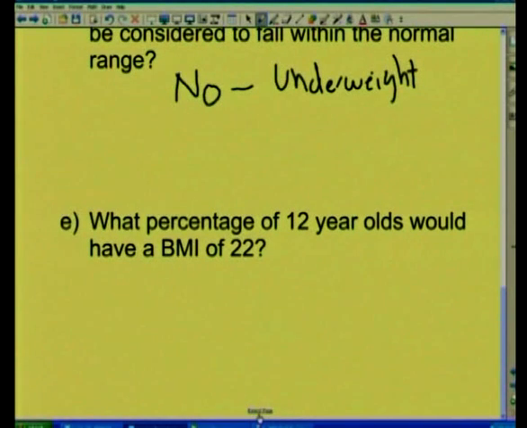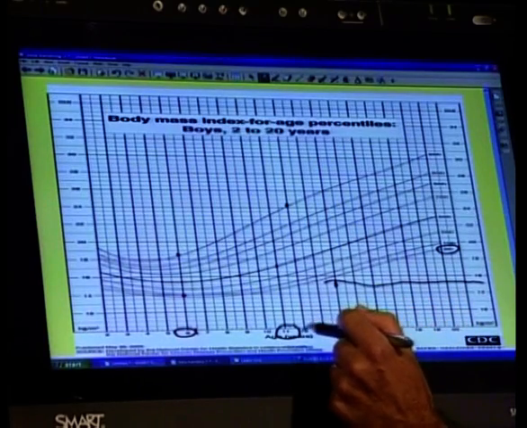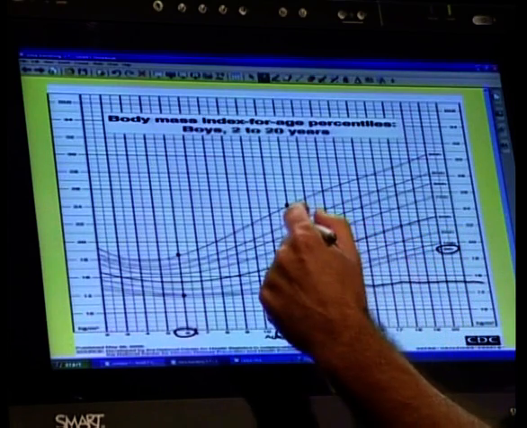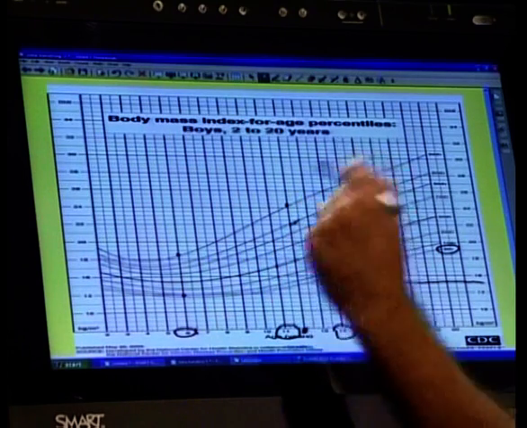And then we have a last question here. What percentage of 12-year-olds would have a BMI of 22? That should actually read or less. So let's fill that in here. So a BMI of 22 or less, looking at our chart, and we said this is for 12-year-olds, so we're looking over here. The BMI of 22 falls over here. So that value is round about there.